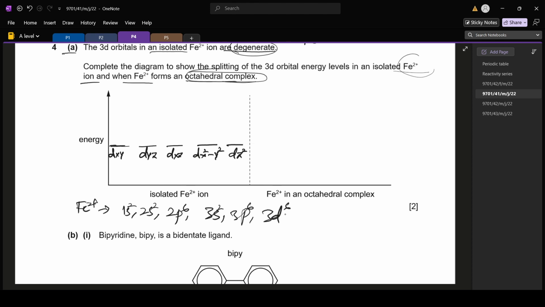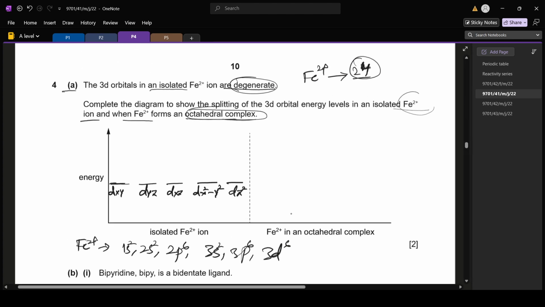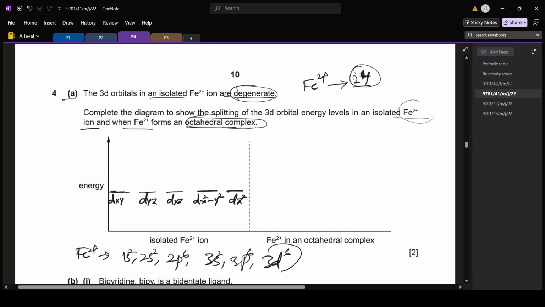Okay, that's right. Now you have 3d6 and you are dealing with the 3d orbitals.